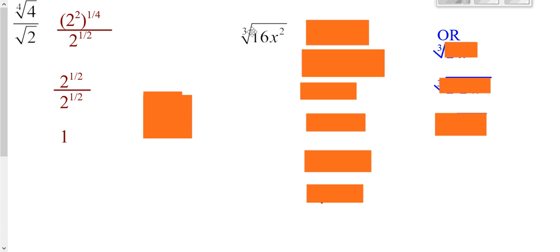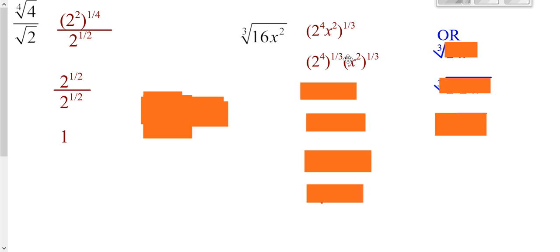Now, over here on this one, you could work it out with fractional exponents, thinking of 16 as 2 to the 4th, your cube root as a 1/3 power, and then you could apply that 1/3 power to each one, and you would get this. Now, notice your exponent on your 2 is larger than 1, so you could write that 2 as 2 to the 1st plus a 1/3.